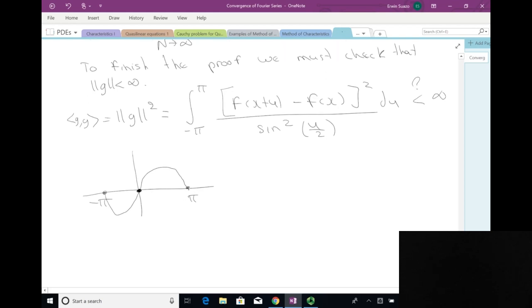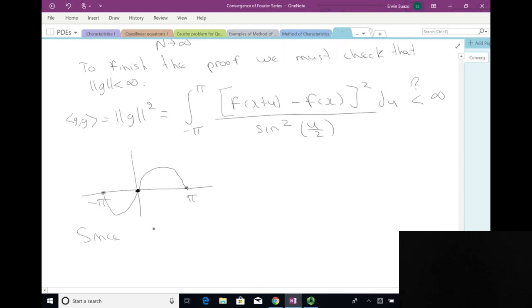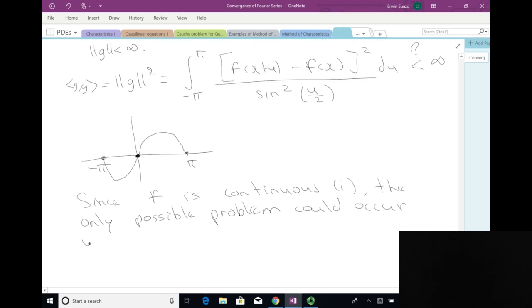Okay. So since f is continuous, because I'm in case one, the only possible problem could occur when u equals 0.